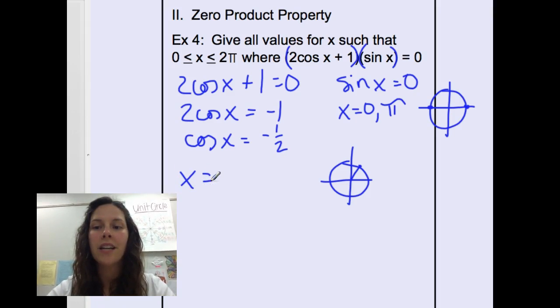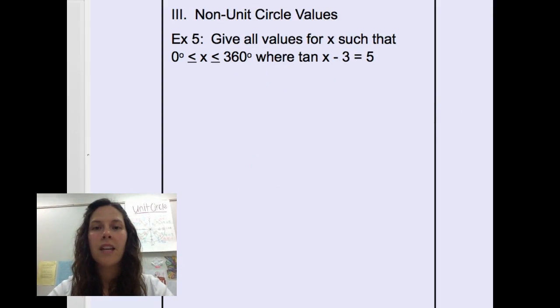Since cosine is negative, we're looking in the second quadrant and the third quadrant. So x is actually equal to 2 pi over 3 in the second quadrant and 4 pi over 3 in the third quadrant.